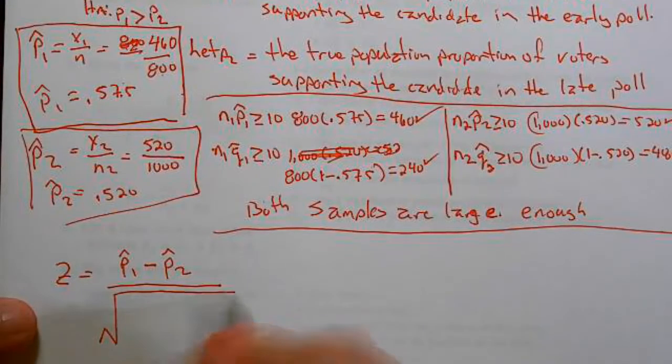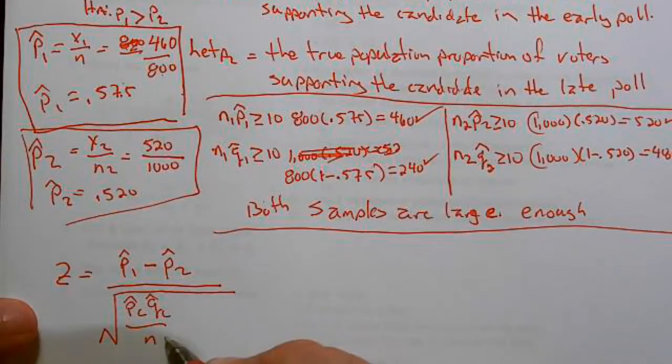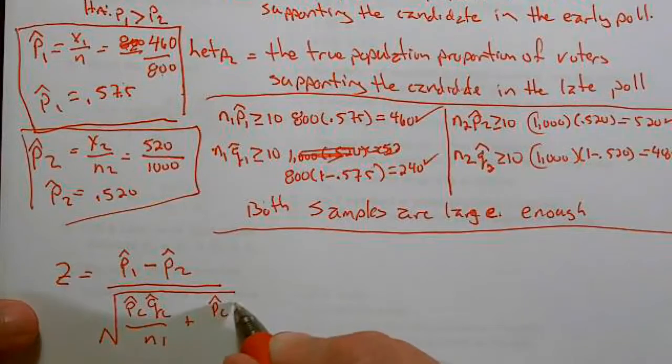Be careful. Over the square root of p hat C, q hat C over n1 plus p hat C, q hat C over n2.